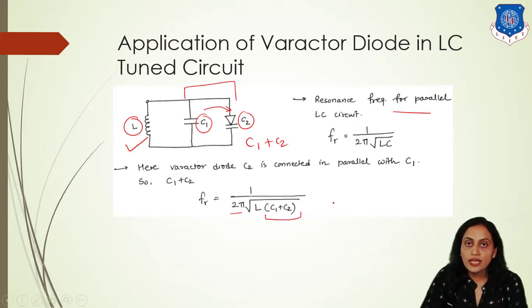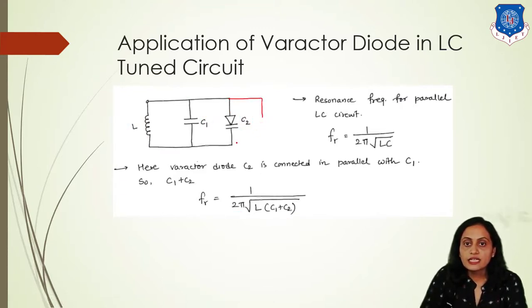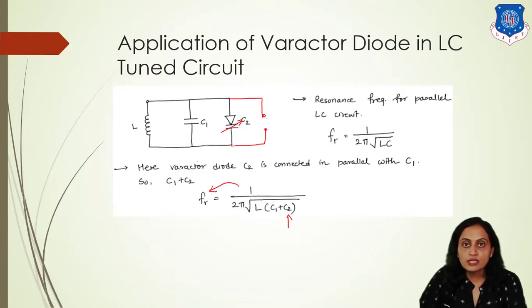Now what we are doing actually over here is we are connecting the battery across this varactor diode, and it will be such that this varactor diode is connected in reverse bias. And as we increase the reverse bias voltage across this varactor diode, the capacitance which is offered by this varactor diode is going to vary. And as this C2 is going to vary, we can vary this resonance frequency. So this is how we can get the tuned circuit using the varactor diode.